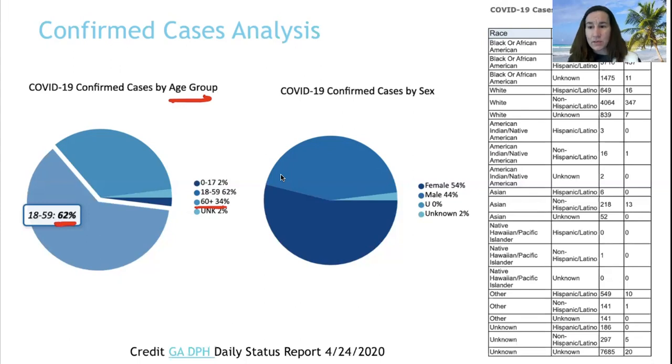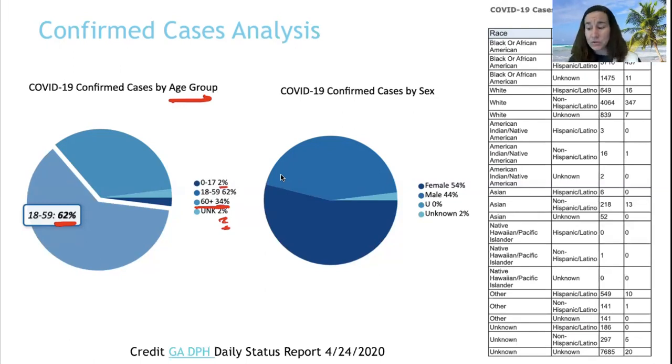Pretty much everyone else in the adult age range below that is the 62%. We got 34% in the older group, and then minors, children, are 2%. And then for the other 2%, we don't know, that data wasn't collected. We don't know how old those people were that came in with this.